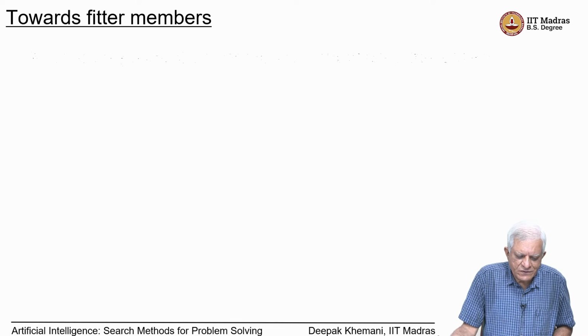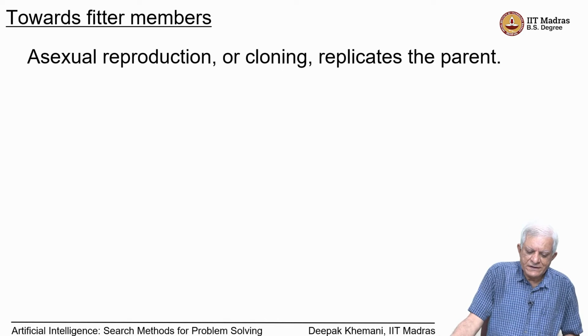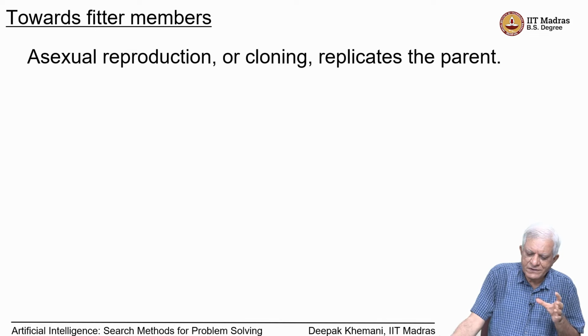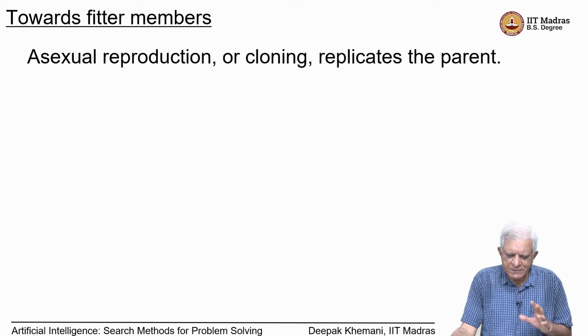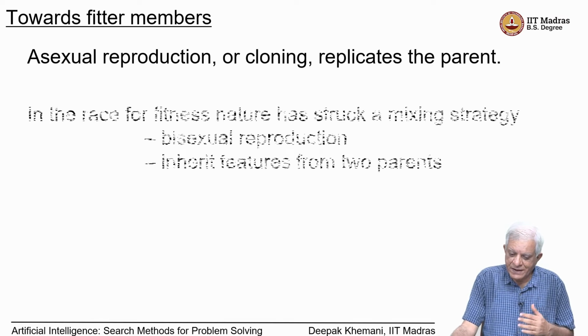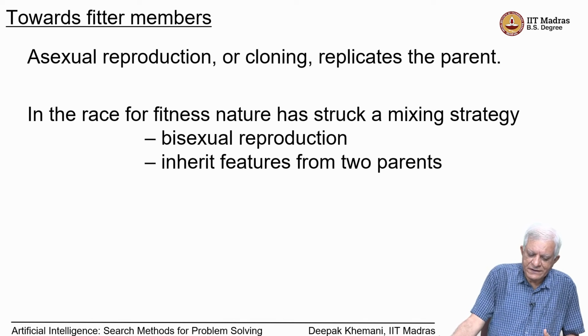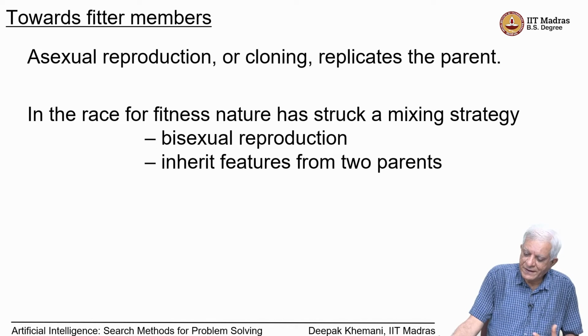So, let us come back to evolution. If reproduction was asexual or cloning, then there would be no change. The child would basically be a copy of the parent. That is what we mean by saying that nature has come up with a remarkable mechanism, and in the race for fitness nature has struck on a mixing strategy which is called bisexual reproduction.